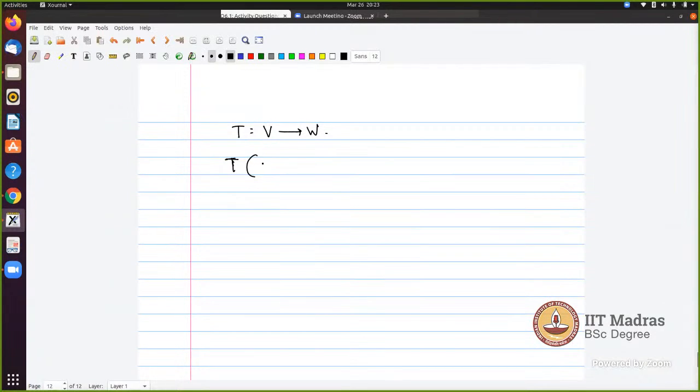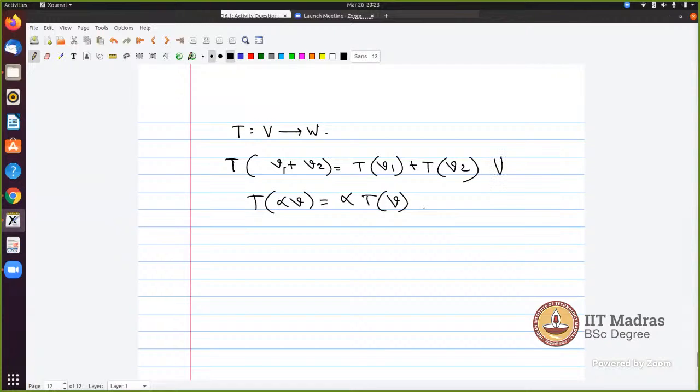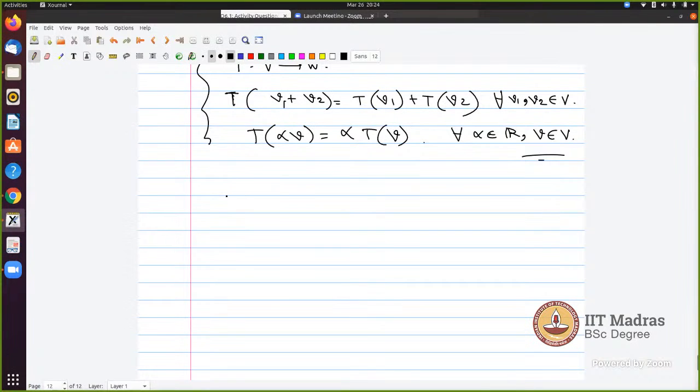And T of V1 plus V2 is TV1 plus TV2, and T of alpha V is alpha times TV, for all V1, V2 in V and all alpha in the reals. This is the definition of a linear transformation.